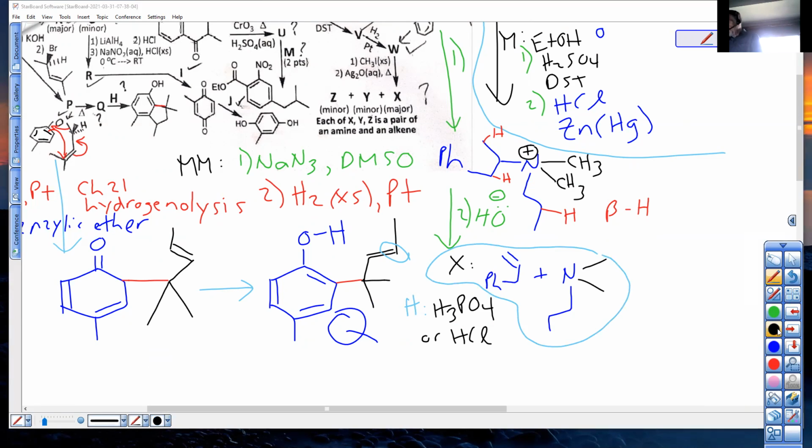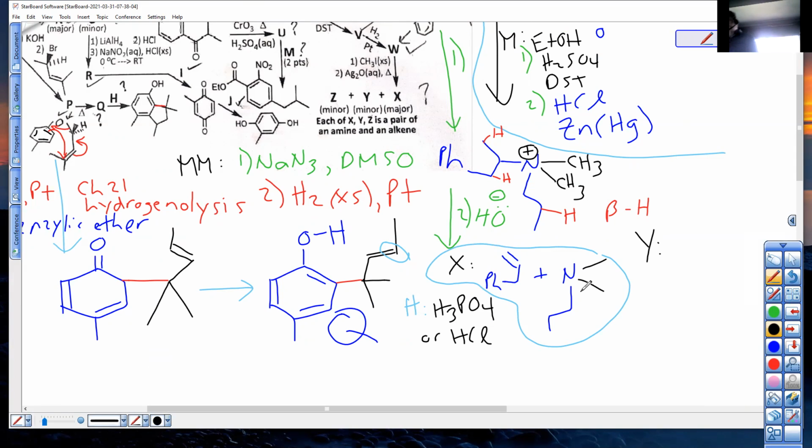Y. Let's see. I don't want it getting too wide. I don't want it getting too tall. Y, it doesn't say we have to distinguish minor from most minor. So I'll just go with down here. I'll make a double bond there, and this will leave. So it'll have the same amine here.